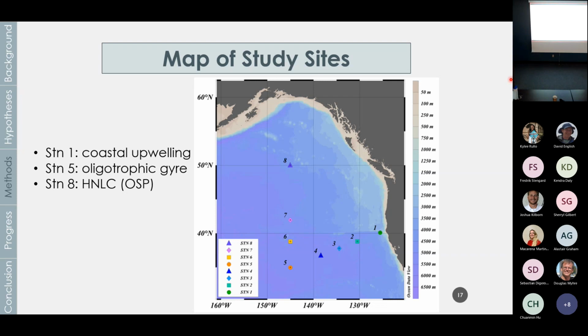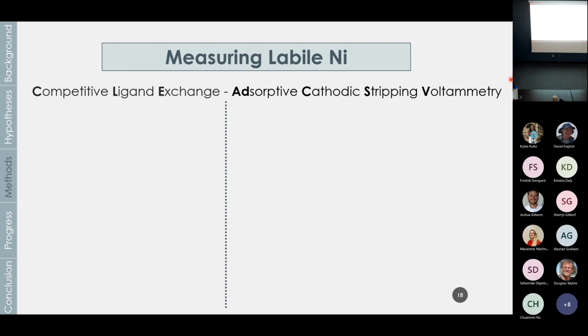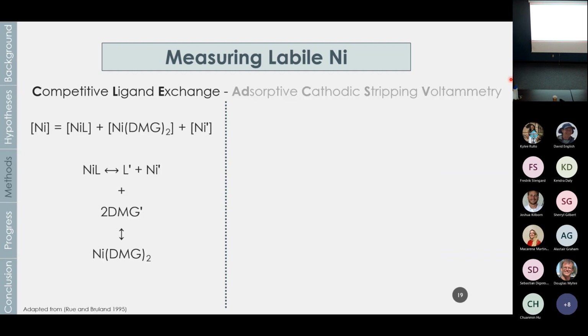So to measure labile nickel, I'm using a method called competitive ligand exchange, adsorptive cathodic stripping voltammetry. Try saying that 3 times fast. And it's split into 2 different sections. The first is the CLE section, which is where I add a competing or added ligand. In my case, I'm adding dimethylglyoxime, which is DMG, to compete with the ligands that are already present in a sample.